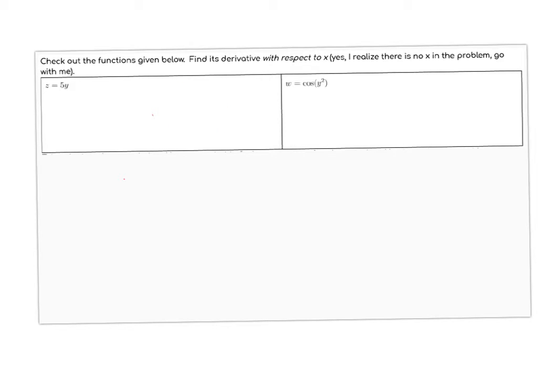I'm just going to erase that to give us a little bit of room here. So if I've got z is equal to 5 times y, if we want to take the derivative of z and the derivative of 5y, we can think about this in a couple different ways.